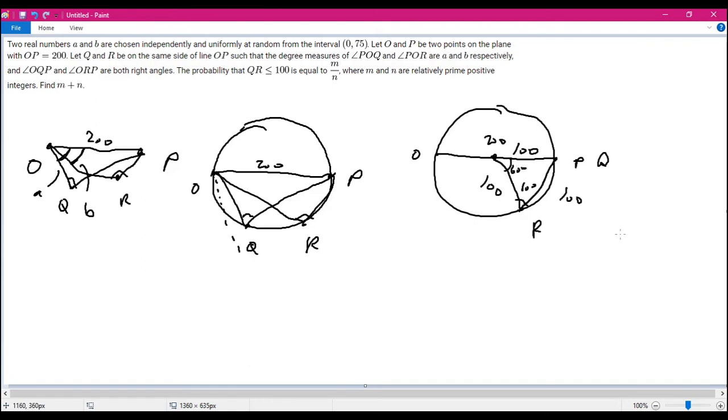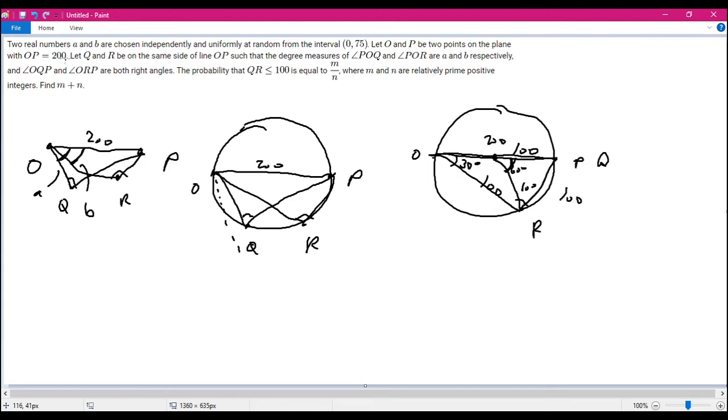So what does that tell us about OP and Q? Well, if it was 100, the central angle must be less than or equal to 60 degrees. And since they go all the way out here to O, this is the central angle, and this is on the circle, so by the inscribed angle theorem, this must be half of that. So this is 30 degrees.